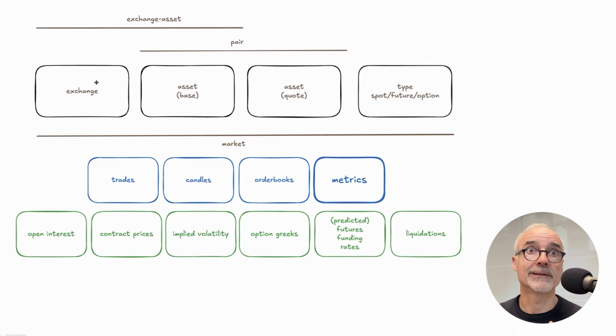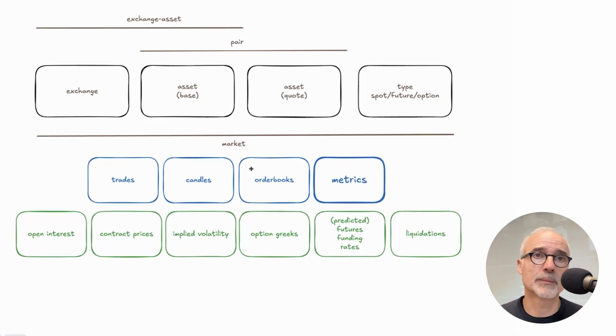At the market level, we provide a plethora of data options. So we provide every single trade for each market since the beginning, since going live of that market. Then we aggregate the trades as candles at a minute-by-minute level, hourly level, daily level. We also provide the order books. We take an hourly snapshot for the whole order book.